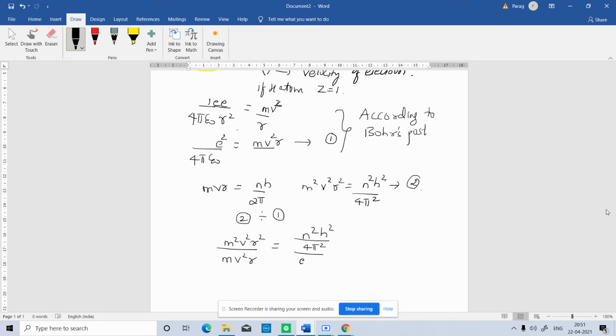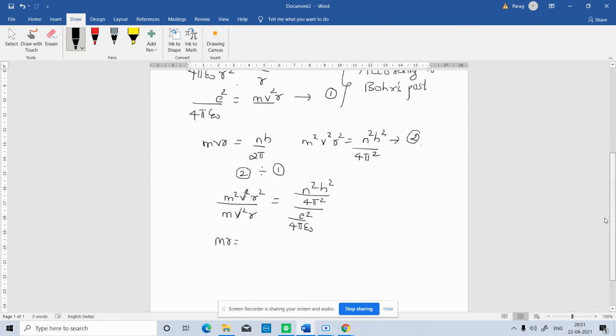Here m square and m will cancel, we remain with only m; v square and v square cancel; r square and r will cancel, we remain with only r.